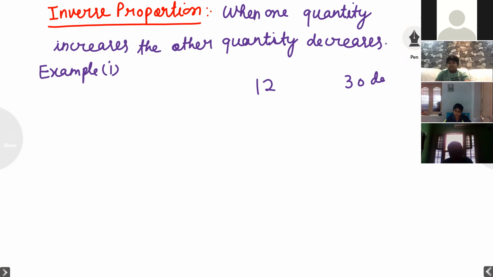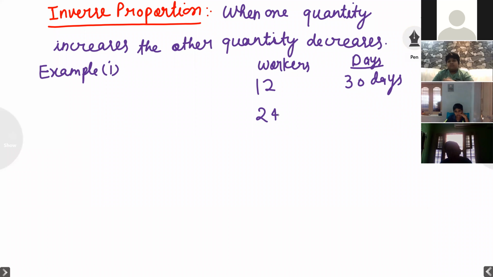Listen carefully to my question. If I want to increase to 24 workers, then will the days decrease or increase?